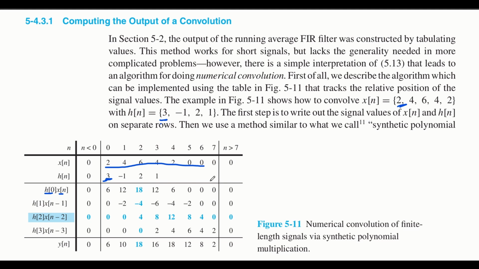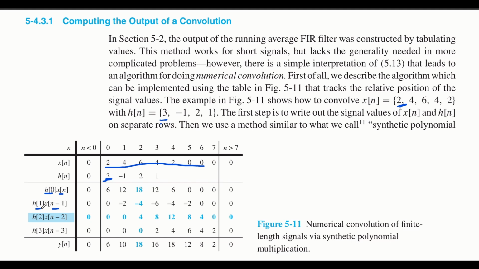Then you come and take h of 1. Now this time you are not just going to multiply it by all of x of n, you are going to shift x of n by 1 to the right. That's the meaning of n minus 1. It means go 1 to the right, delay the signal.